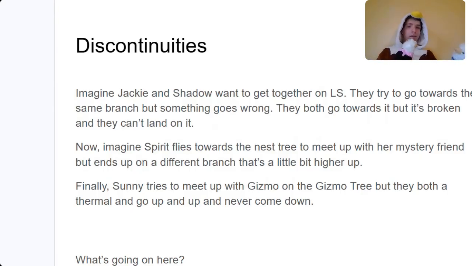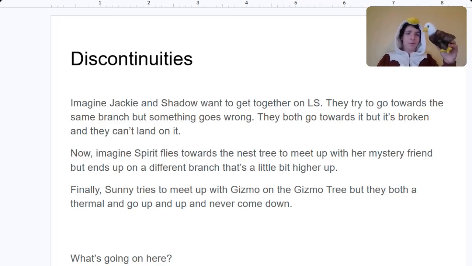And then the second example is, let's say that Spirit flies towards the nest tree to meet up with her mystery friend, but she ends up on a different branch. So they don't end up on the same branch. It's going to be like Spirit is flying towards that branch, and you've got that other eagle flying towards a different branch, but they don't end up meeting up with each other.